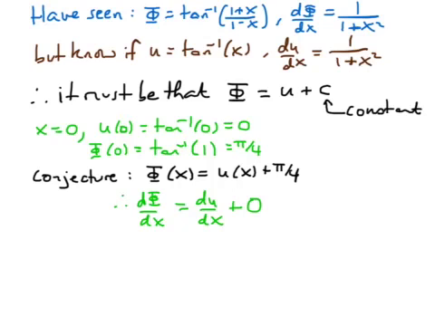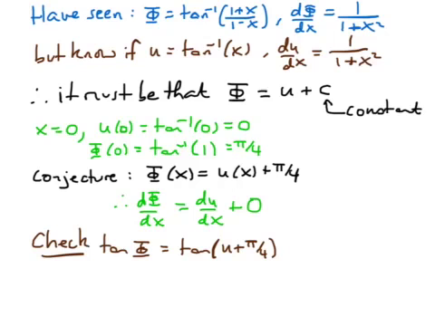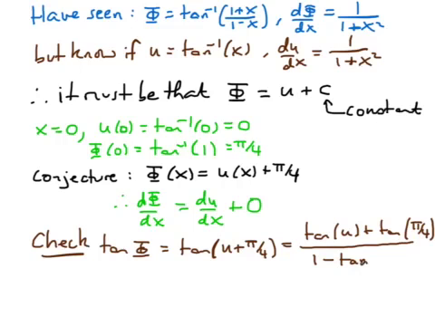So the tangent of phi is going to be the tangent, if our conjecture is right, of u plus pi over 4, and the formula for the tangent of the sum of two angles is that it is the tangent of the first angle plus the tangent of the second angle divided by 1 minus the product of the tangents, so here the tangent of u multiplied by the tangent of pi over 4. Now the tangent of pi over 4 is 1.